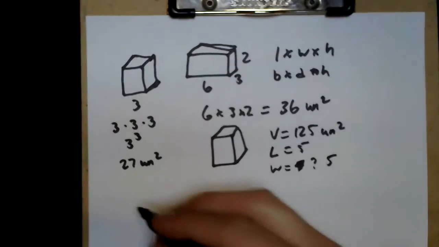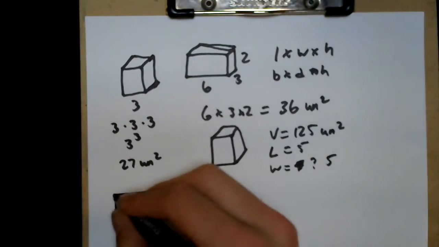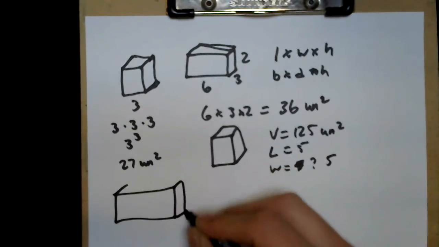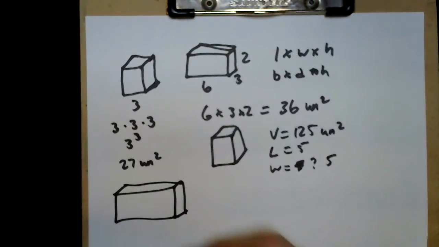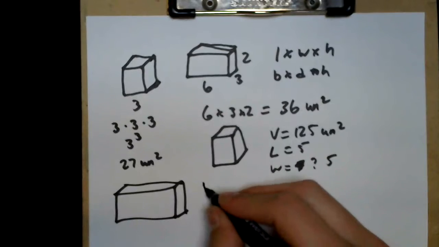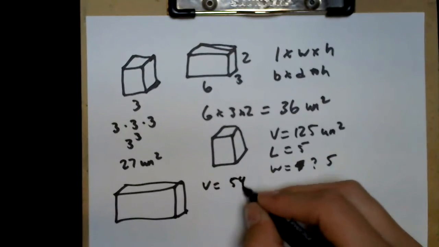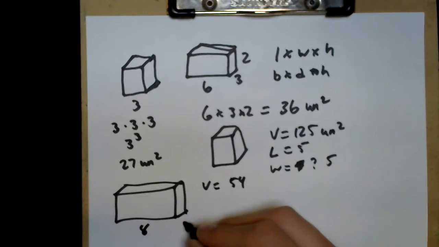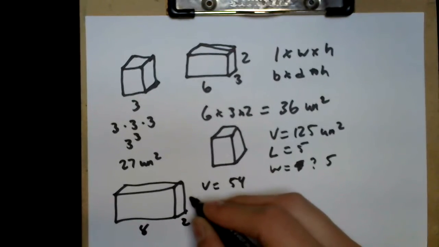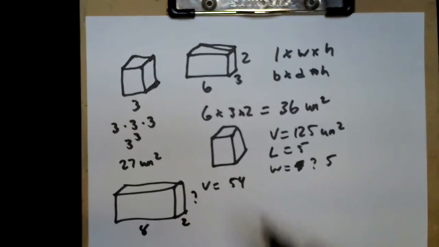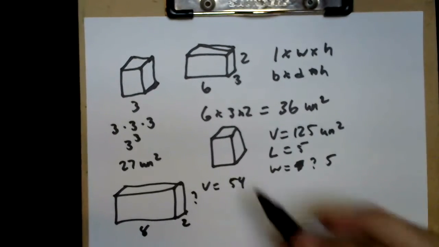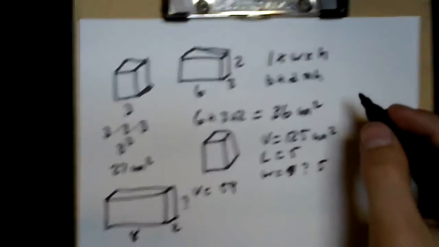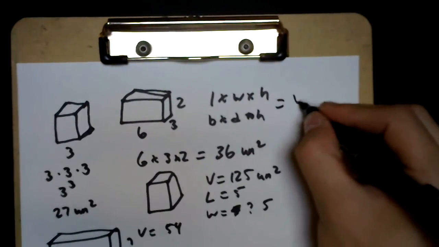But most of the time they wouldn't give you that. We'll just say they give you a rectangular box and say, given that the volume is 54 and the length is this and the height is this, what's this? So you just do the exact opposite and divide everything, because all of these will equal the volume.